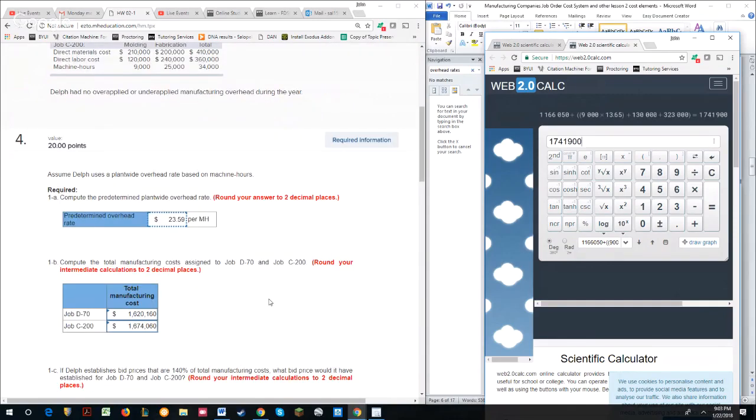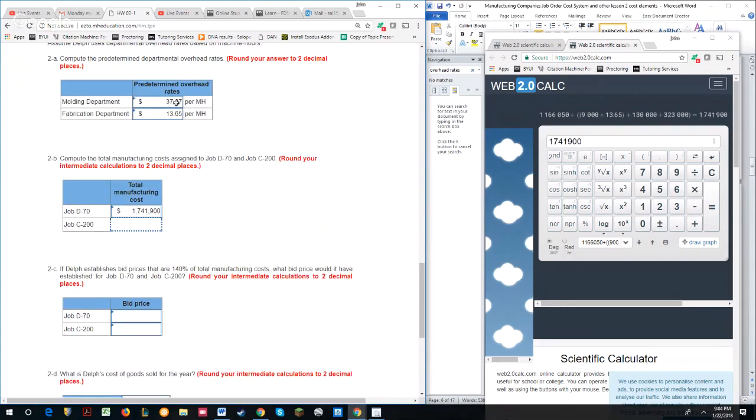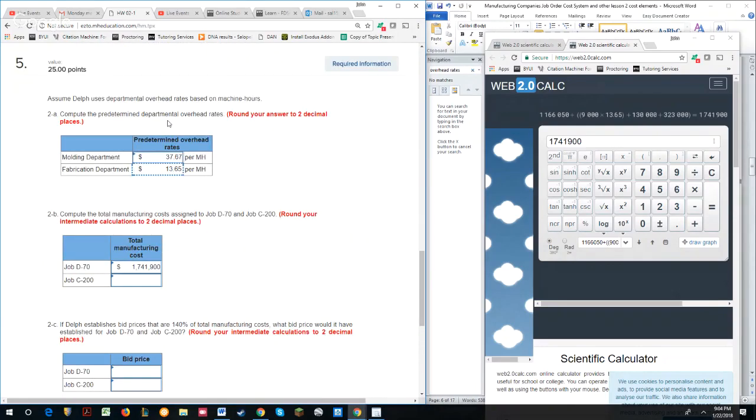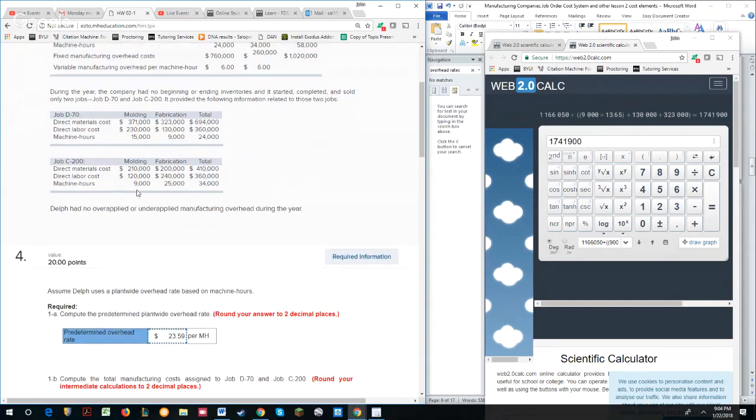There it is. So to get that, you took, I used the molding predetermined overhead rate and the fabrication predetermined overhead rate, and I just punched them into each side of each one, then I added them together. Okay. I think that's what they're asking for. Yeah, it seems like that would be right.